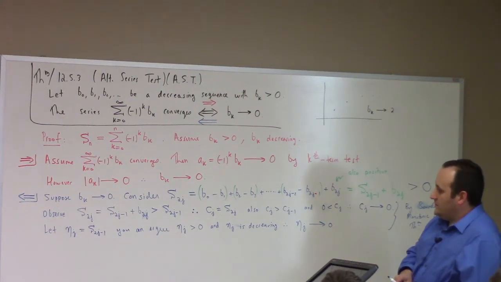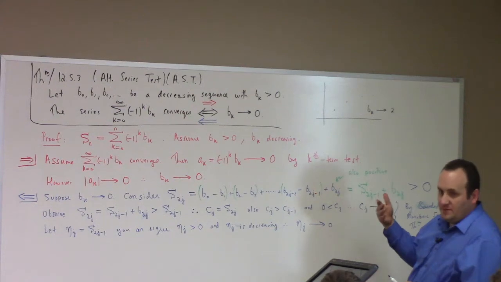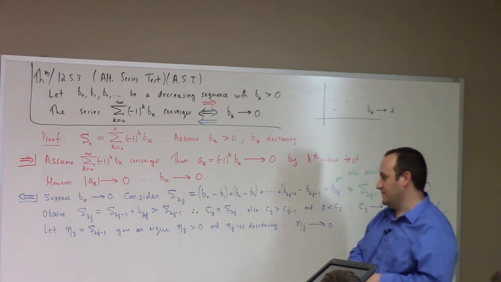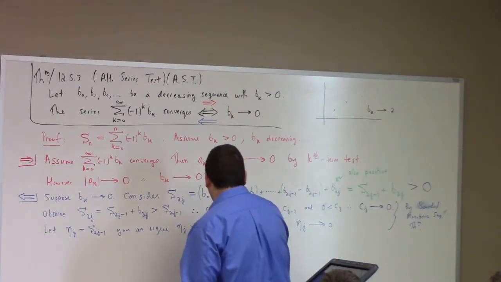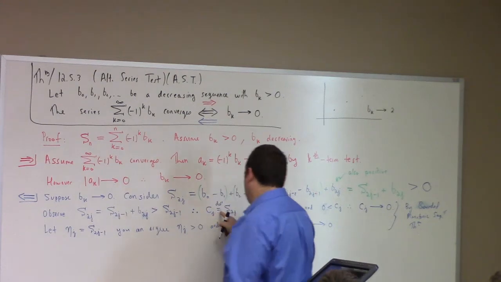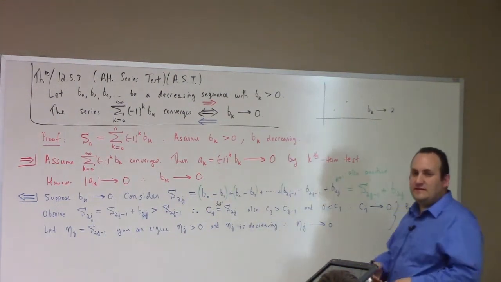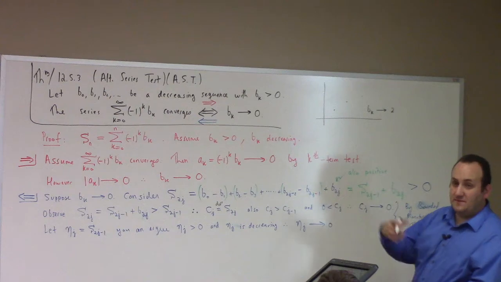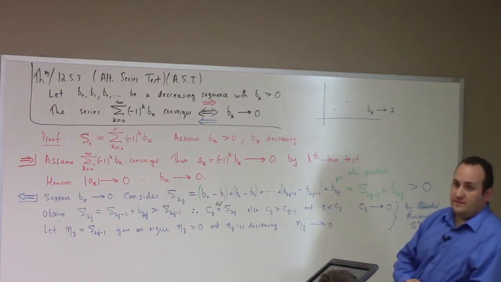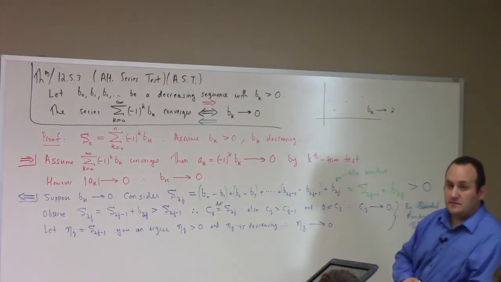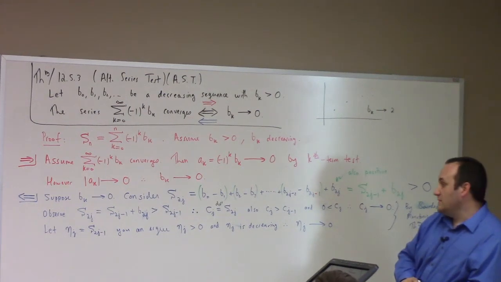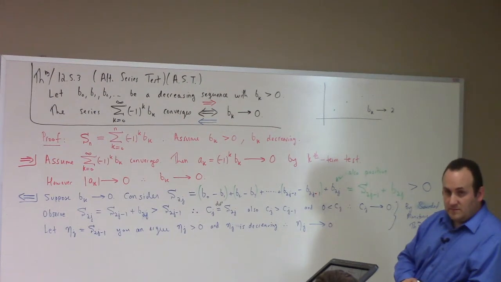So you can see from this calculation that this is the definition right here, okay? If I let c sub j be s sub 2j, if I define a new sequence, c sub j, to just be the even partial sums of this alternating series, it's pretty clear that that's a decreasing sequence, right?